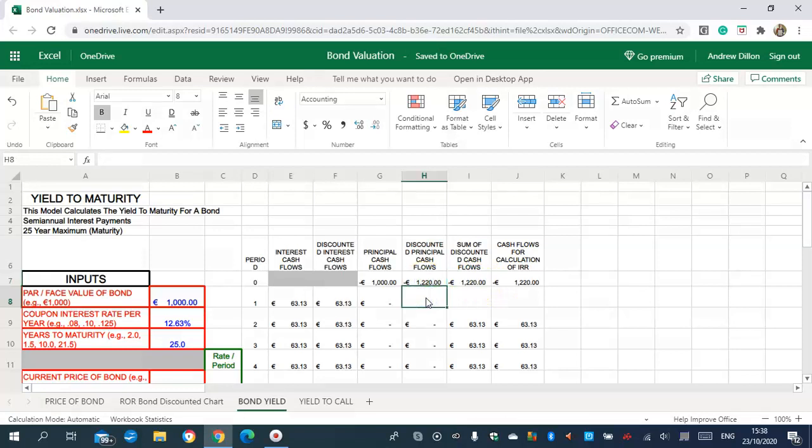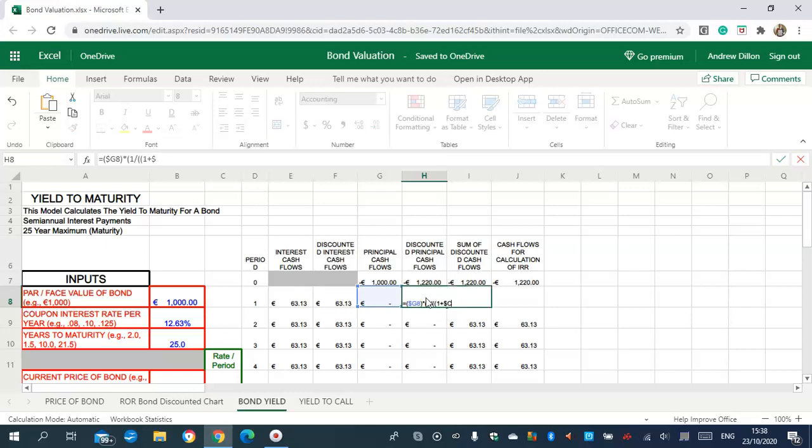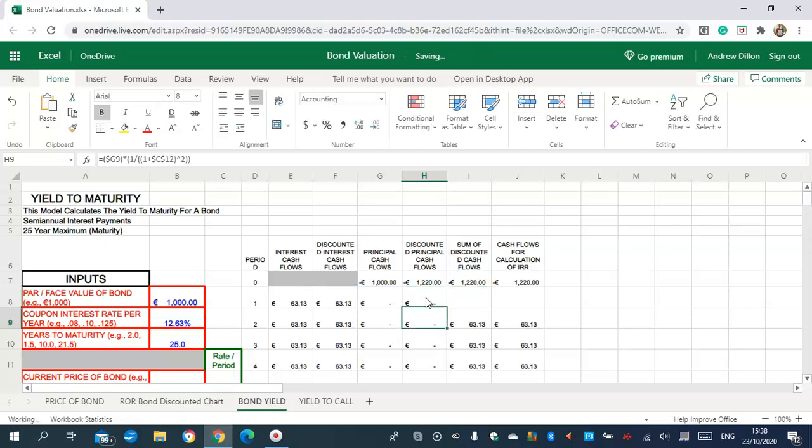Now I can carry on. Okay, sum of discounted cash flows.